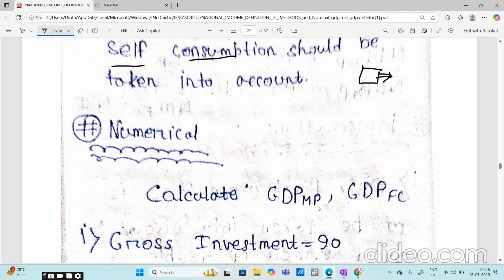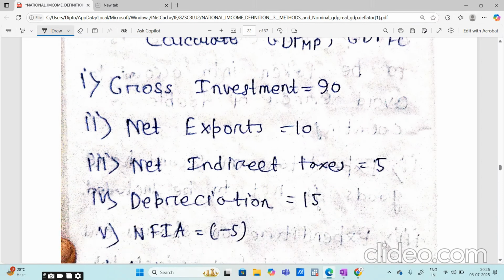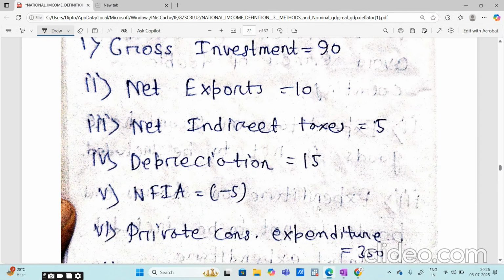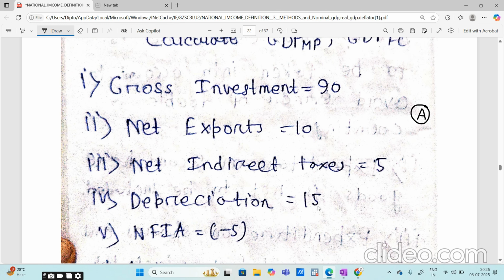So as you already know, we have to find part A, part B and part C. Now in part A, what was basically there? Try to remember with me, whenever we studied part A, it was basically the final consumption expenditure.